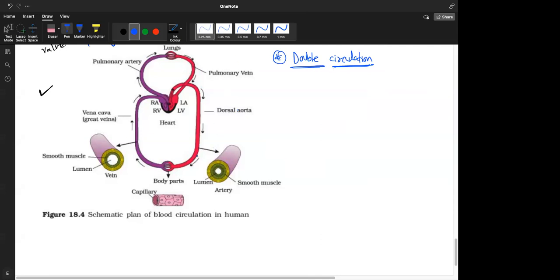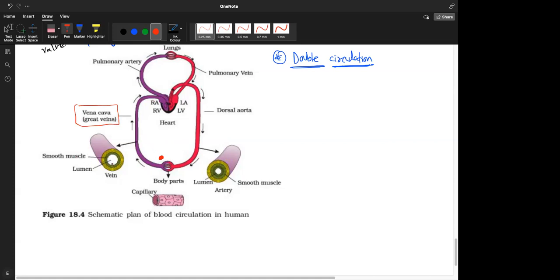See how? Let's say that RBC begins its journey here in the body part. Okay, let's look at the schematic. It is from NCERT only. But let's say the RBC, let me make it red. It starts its journey from here. It will go from the body part through the vena cava, which are the bigger veins written here.